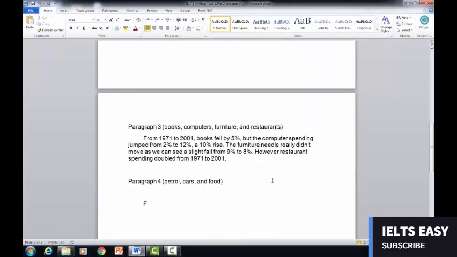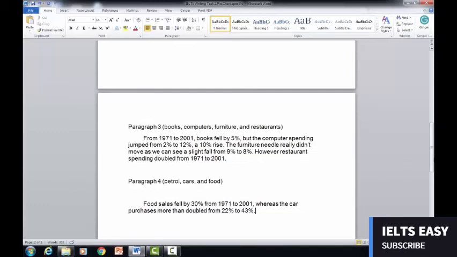Right, so food sales fell by 30% from 1971 to 2001. Whereas car purchases more than doubled from 22% to 43%. That's our sentence.